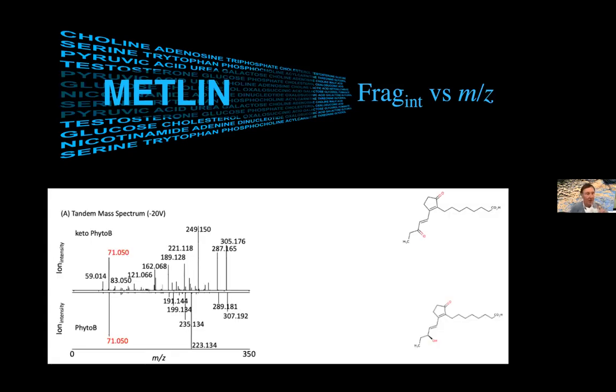Here's an example of two molecules that Jean-Marie Galano provided to us. These are oxylipins, and you can see that they're very closely related. The only difference is the keto version of the oxylipin of the phyto-P versus the hydroxy version, so they only differ by 2 mass units.